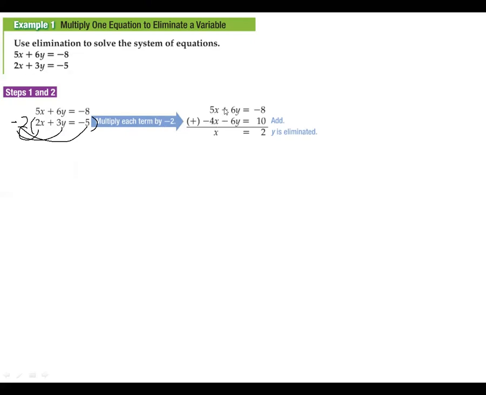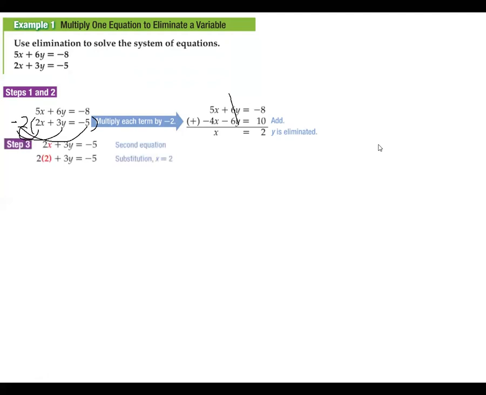It becomes negative 4x minus 6y equals a positive 10. And then I can add those, and the y's cancel out because they have opposite coefficients. 5 minus 4 is 1x, or just x, and negative 8 plus 10 is 2. So I get the y value eliminated, and also I got lucky because x is already by itself now.